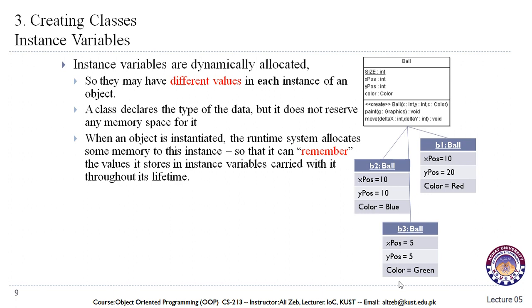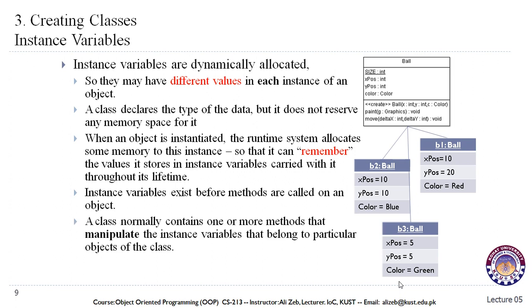The values are associated with each object, and memory is allocated for those values only once we declare the object for that class. Instance variables exist before methods are called on an object.